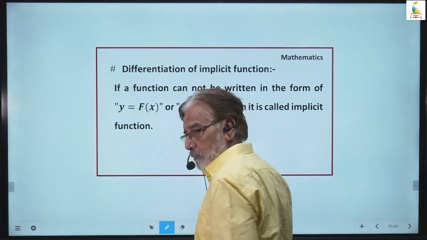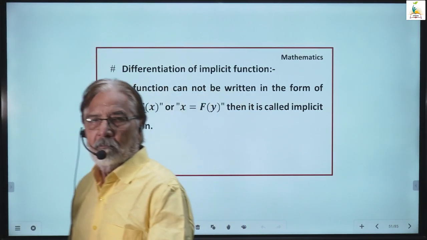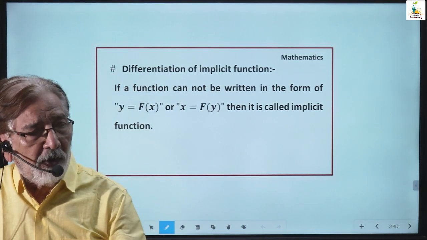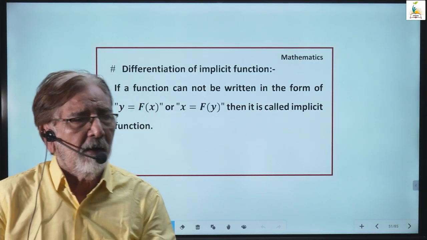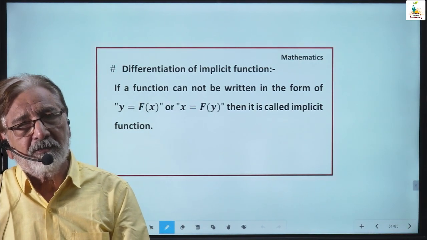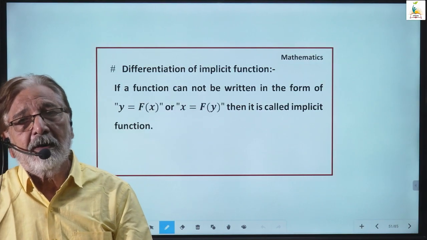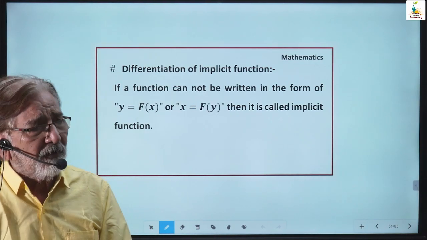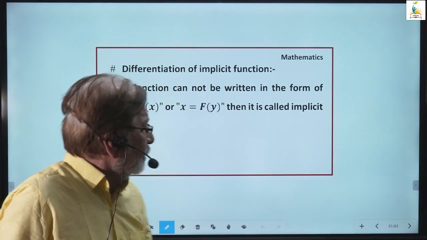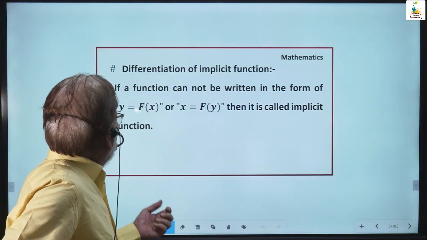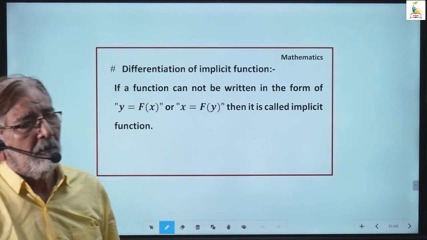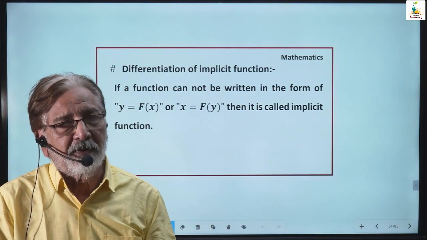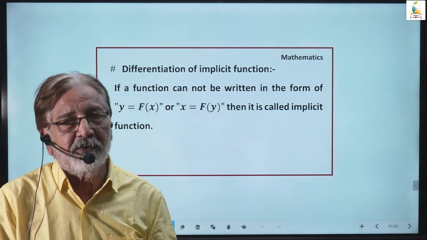Now, in the next part, we do differentiation of the implicit functions. What is the meaning of an implicit function? First, we shall define it. If a function can be put in the form of y equal to f(x) or x equal to f(y), then it is called a simple function, an explicit function.